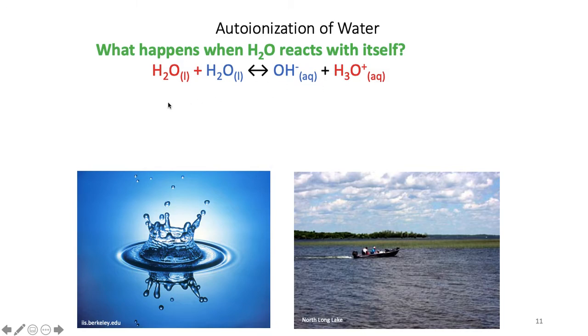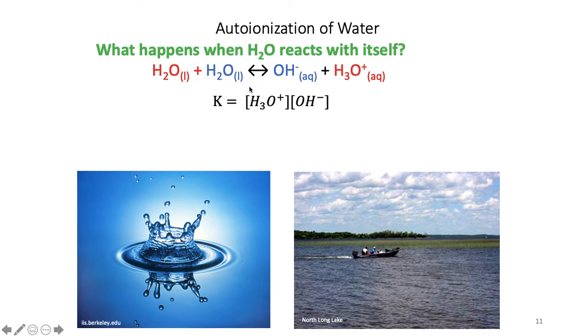How do we write an equilibrium expression for this reaction? Well, here it is. My K, or Kw as we're going to call it from now on, is the molar concentration of H3O plus multiplied by the molar concentration of OH minus. And as you notice, I don't have it divided by H2O because it is a liquid and doesn't appear in the equilibrium expression.